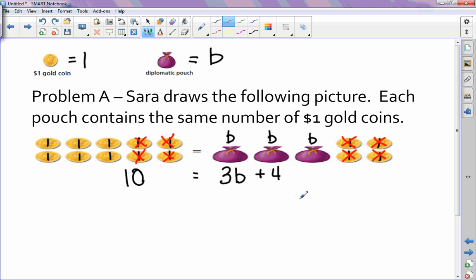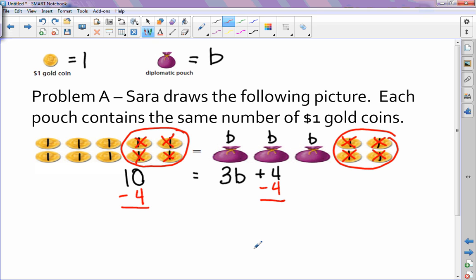So let's take a look at our equation here. I have 3B plus 4. But if you take a look here, I got rid of those 4 coins. So the opposite, or the inverse, of adding 4 is to subtract 4. So I'm going to subtract 4 coins from the right. I didn't touch the bag, so I'm not going to worry about that. And then I also took away 4 coins from the left-hand side. So underneath that 10, I am going to subtract 4.